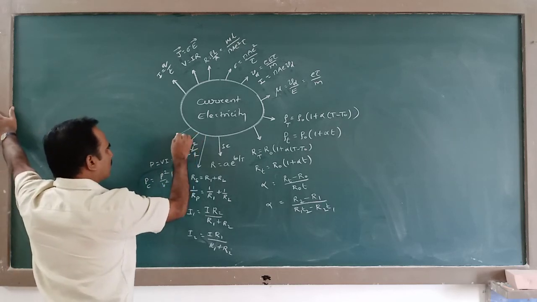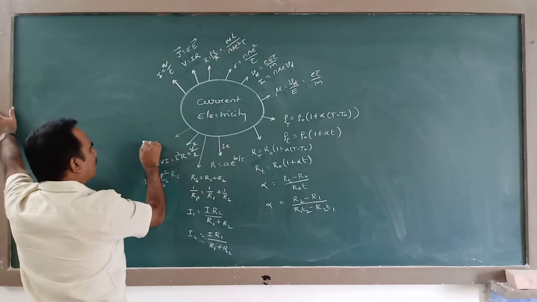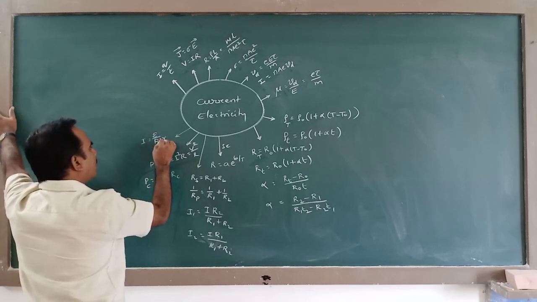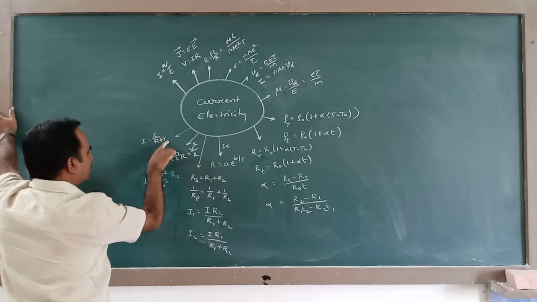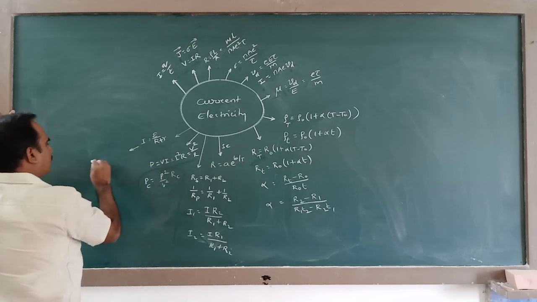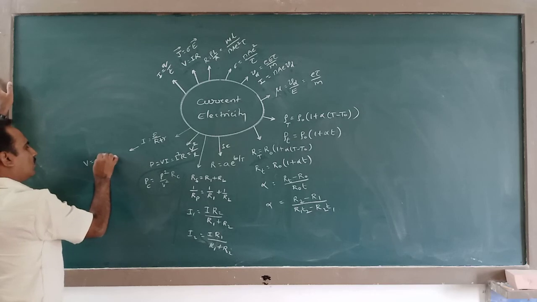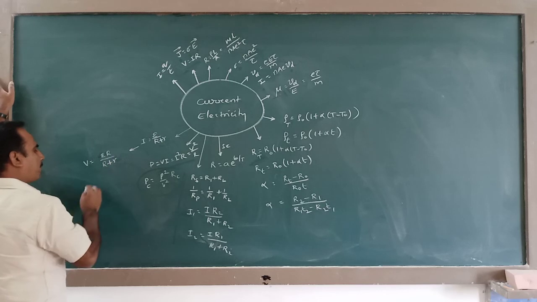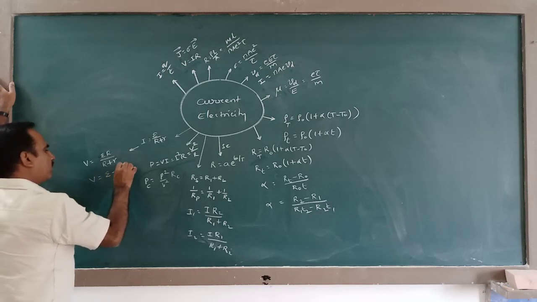Next, after this, you studied about current in a circuit. This I is equal to E divided by R plus r, where R is external resistance and small r is internal resistance. From this equation, you got the terminal potential difference as ER divided by R plus r, and this V, terminal potential difference, is less than EMF.